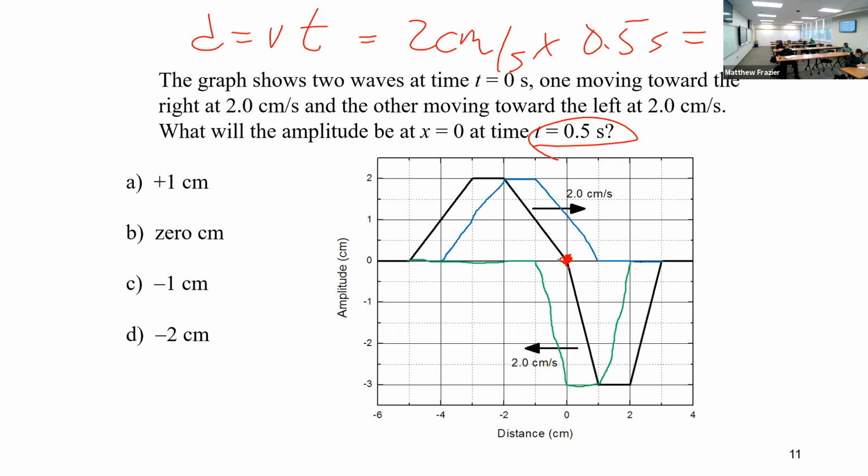So now at this point in red, we have that it's 1 centimeter in amplitude in the blue wave and minus 3 centimeters in amplitude in the green wave. And that means 1 plus minus 3 is minus 2 centimeters. This wave should sit there.